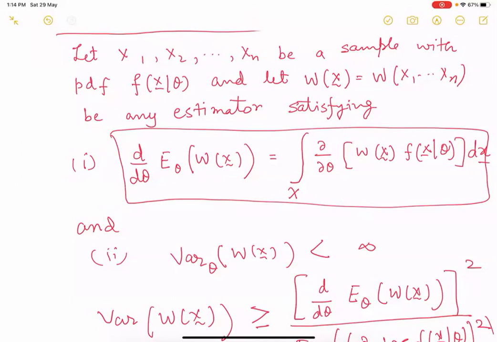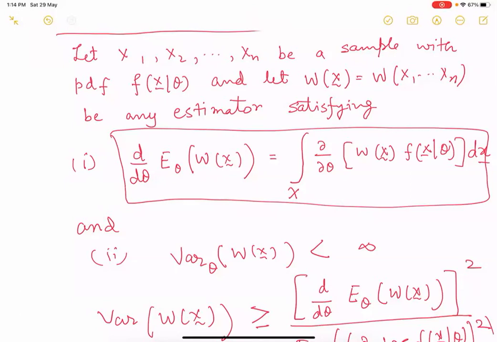So let's take x following normal mu sigma square. What is the support of x? Real line. What is the support of mu? Real line.